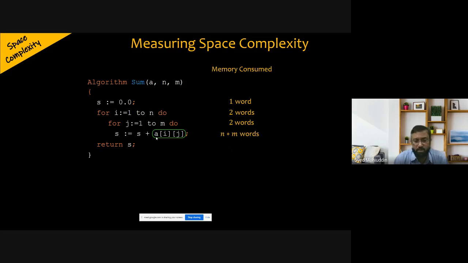If there are no other local variables left, the total amount of space it occupies is SP of N, M, that is N multiplied by M plus 5, where 5 is the number of words. Now if we consider M and N are equal, then it will be N square plus 5. That is the amount of memory occupied.